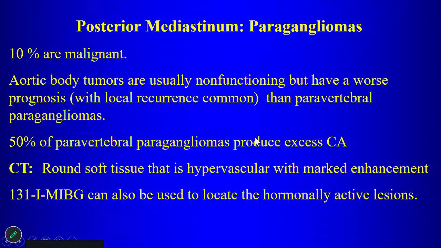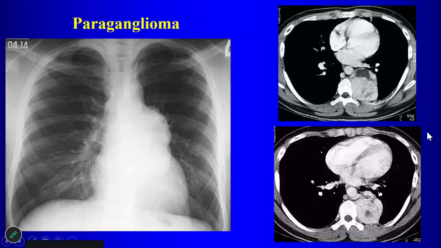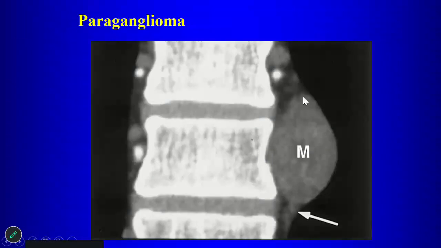50% of paravertebral paragangliomas produce excess catecholamines, and I-131 MIBG, iodine MIBG, is another way for looking for these to characterize these hormonally active lesions, right? But they are vascular, they tend to enhance quite a bit, these paragangliomas, okay?